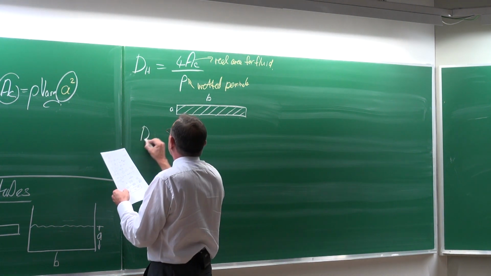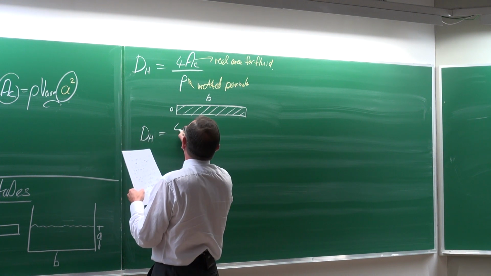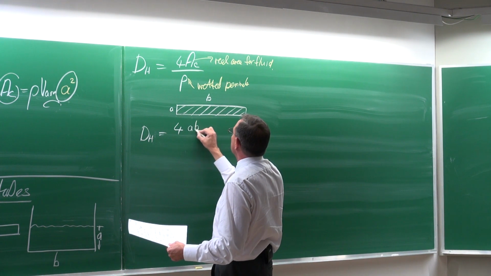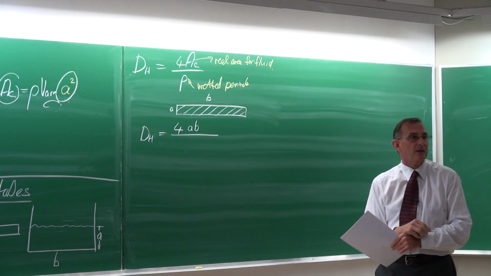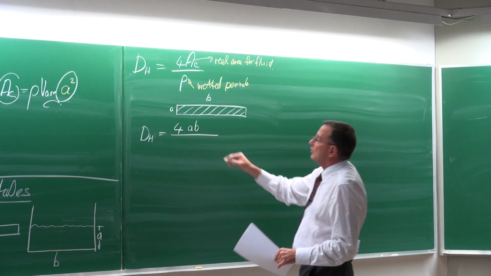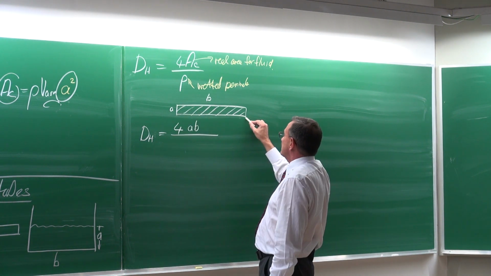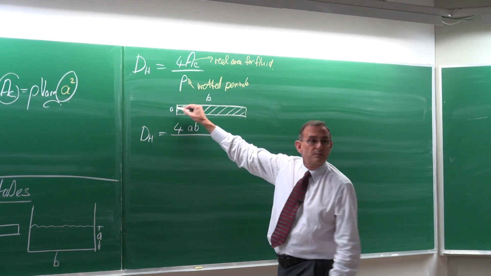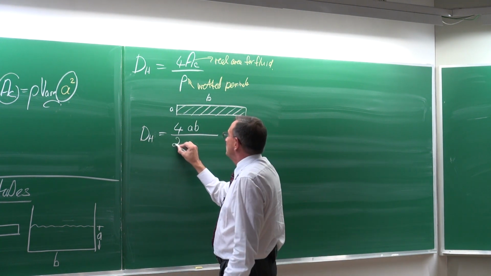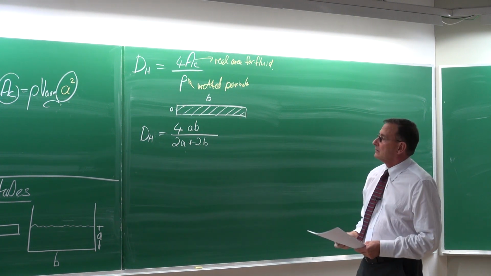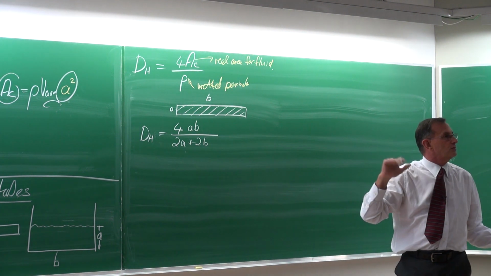Then we can say that the hydraulic diameter is 4 times the cross-sectional area. The cross-sectional area is AB, you agree? Divided by all the surfaces that are wet. That's A, plus B, plus A, plus B. So it is 2 times A plus 2 times B. You can get rid of the 2 to make it simpler.